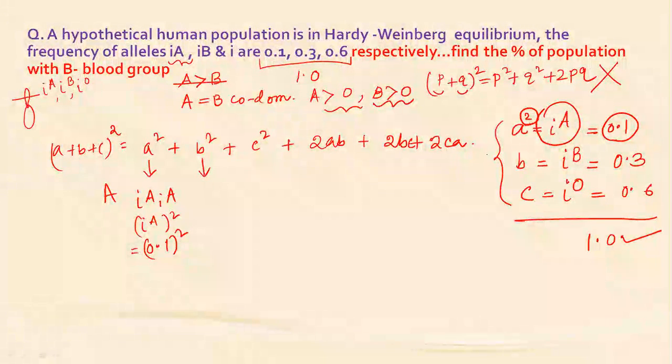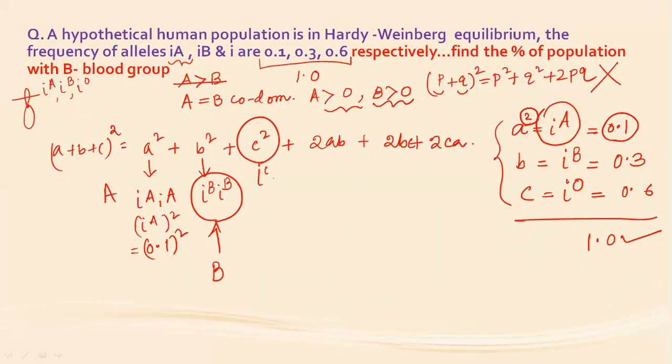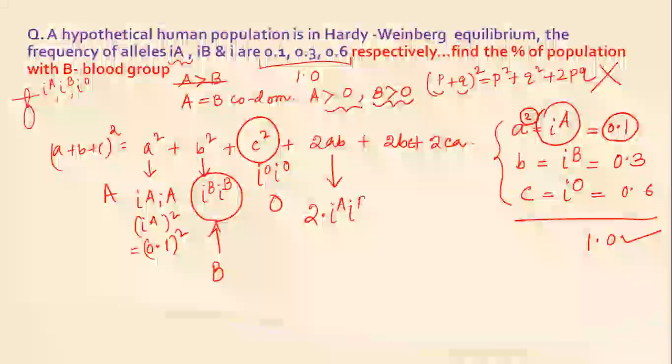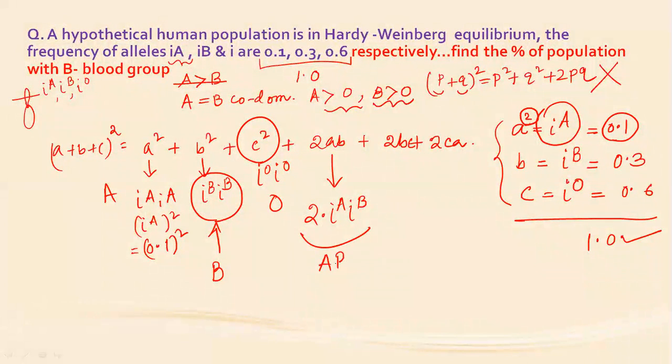Now b² means IB cross IB, so IB squared, which is the matter of concern because that is the B blood group. But we have to wait. For c, it is IO cross IO, that is c². So it is 0.6 whole square, that is your O blood group. Now 2ab: a is for IA and b for IB, so this is your AB blood group. You can get an alternative question for the frequency of AB, and you might be asked for that calculation.